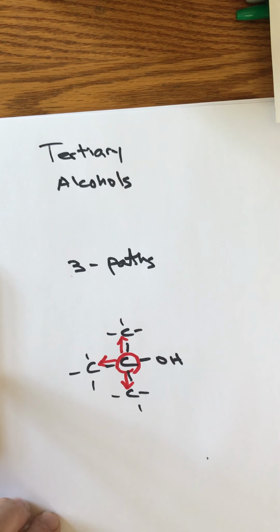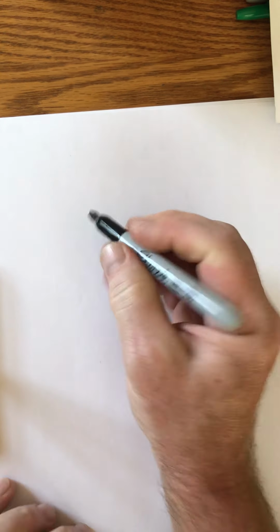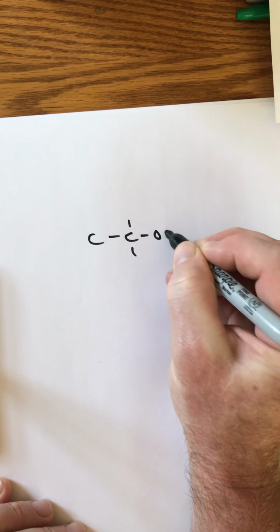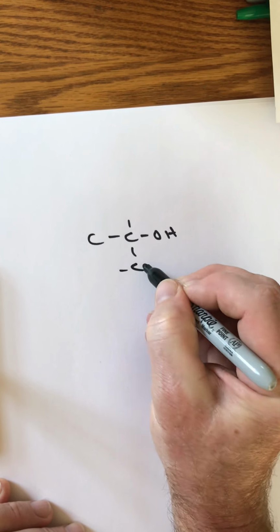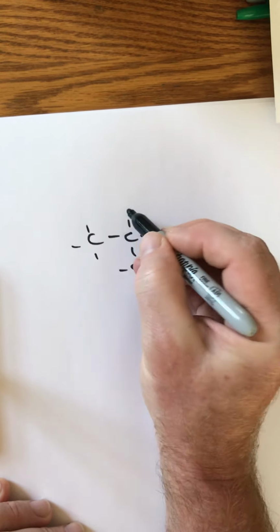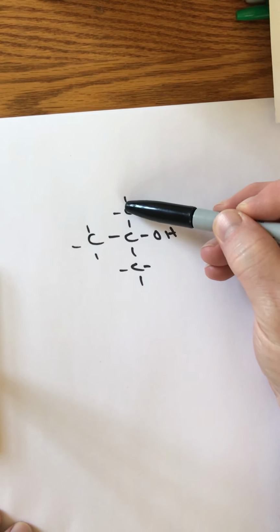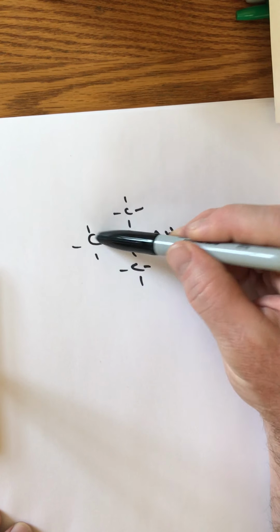So how do we name that one? I'm going to redraw it so it's more clear. All the dashes are hydrogens, okay? What's your longest continuous carbon chain? 1, 2, 3, 1, 2, 3, 1, 2, 3.